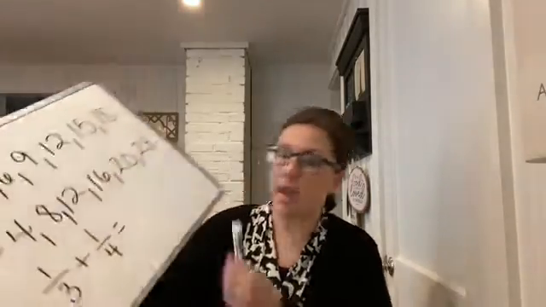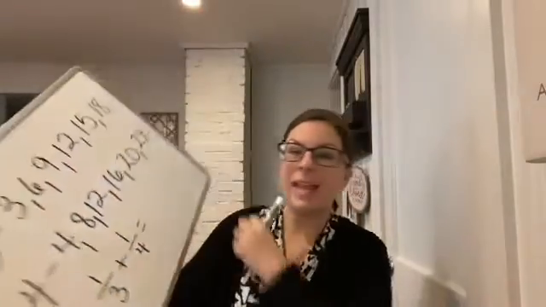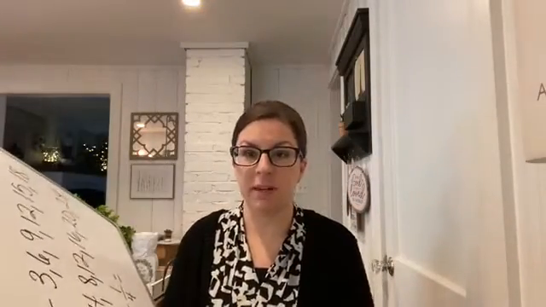All right, so let's say that we have the fractions 1/3 plus 1/4. Okay, well, it seems like an easy enough fraction to add, but we can't add them because they don't have the same denominator.